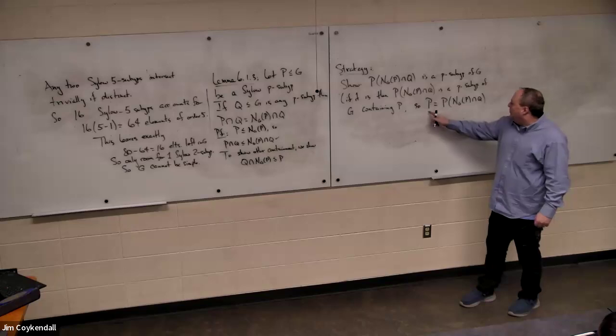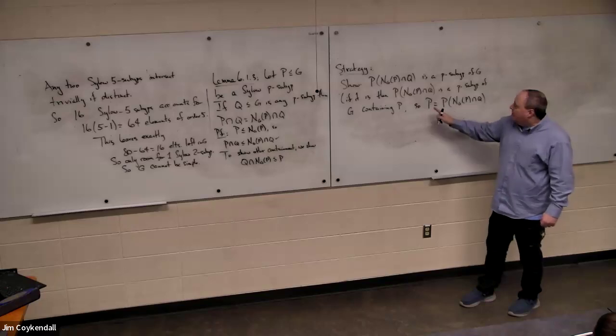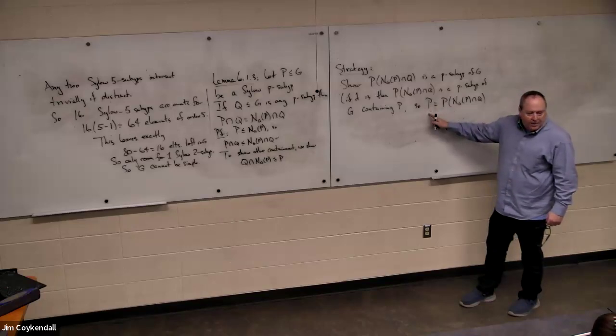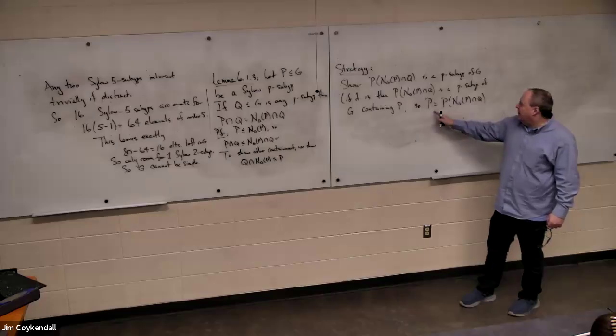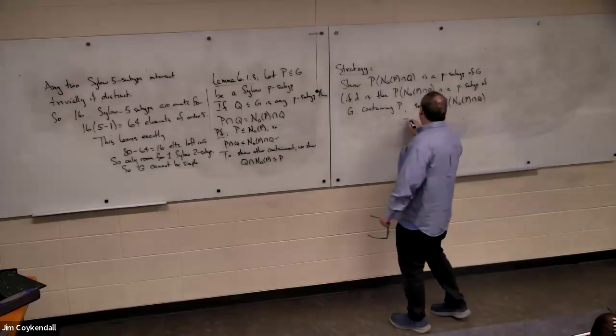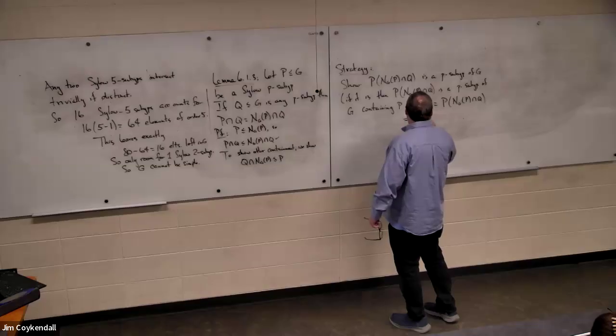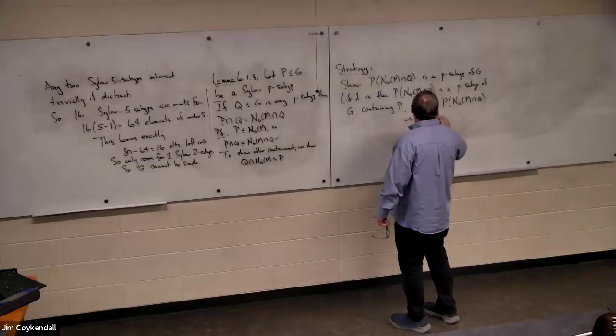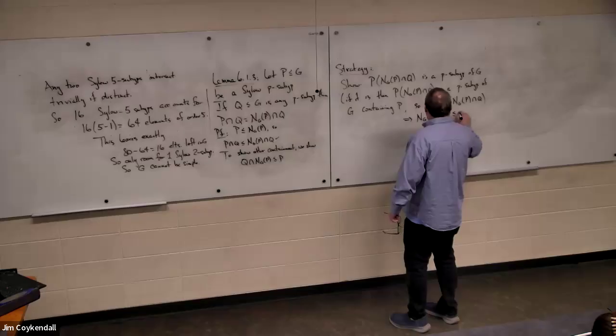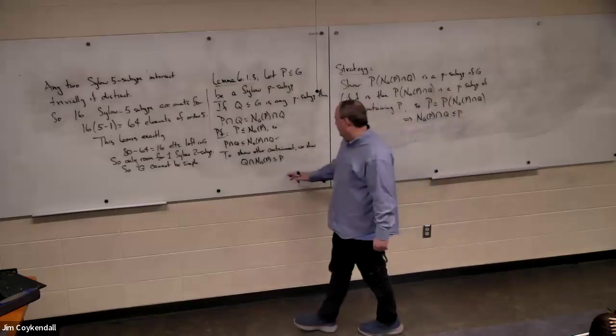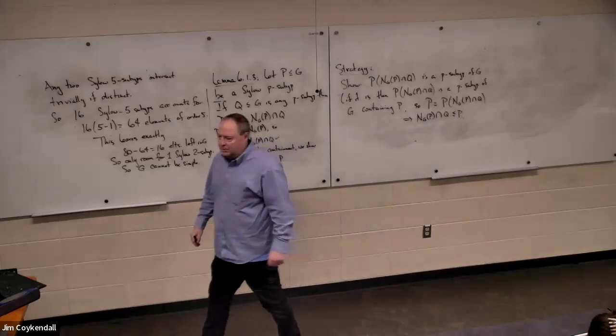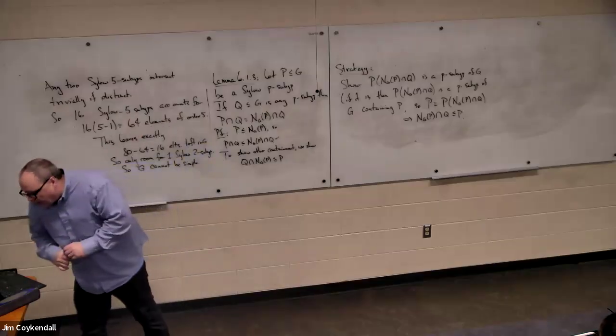Because we know that P is contained in this, but P is a maximal p-group. So if this is a p-group, you have to have equality, which would imply that the normalizer of P intersect Q is contained in P, which is what I want to show. That is going to be our strategy.